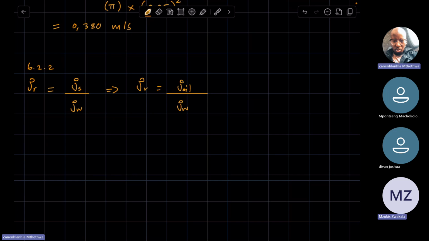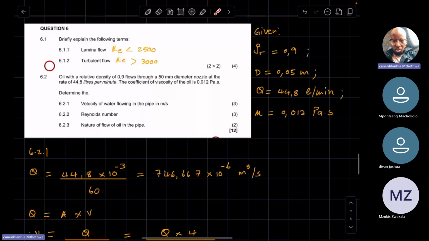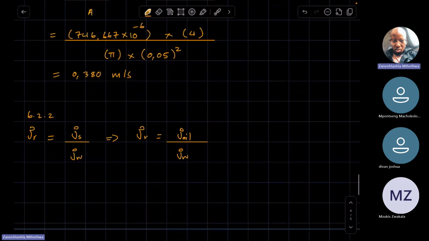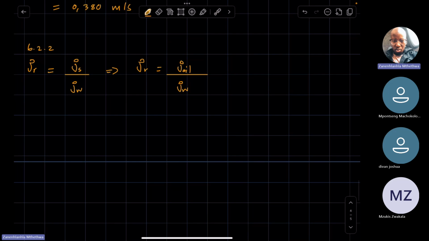And the density of water, we always assume is 1,000 kilograms per cubic meter, unless it has been specified differently. If it hasn't been given either in the problem statement or in the question, then you always assume it is 1,000 kilograms per cubic meter.